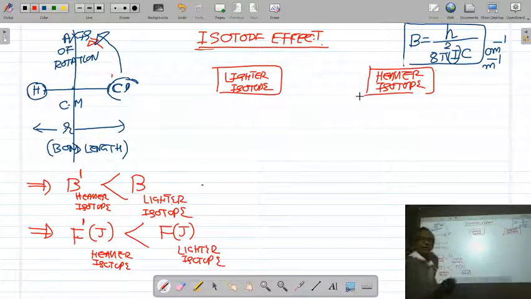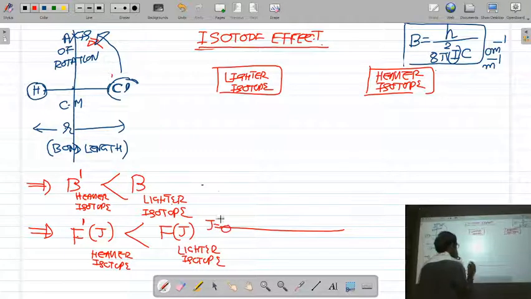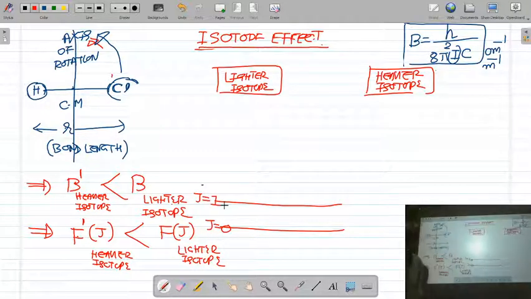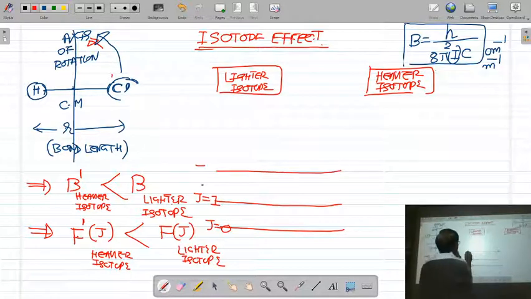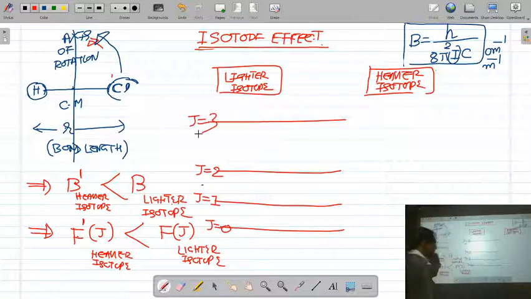In case of the lighter isotope, the rotational levels are like this: J is equal to 0, J is equal to 1, J is equal to 2, J is equal to 3.